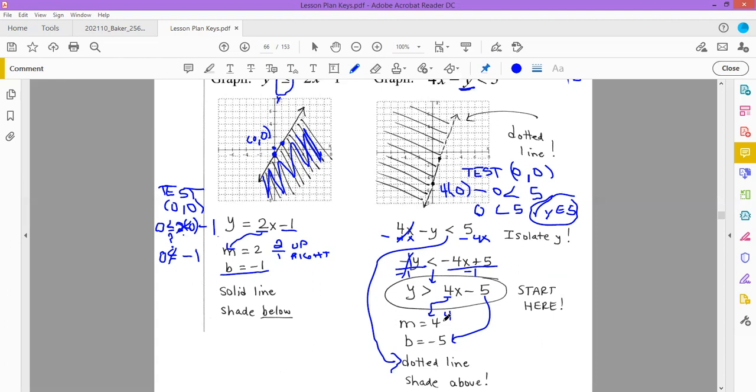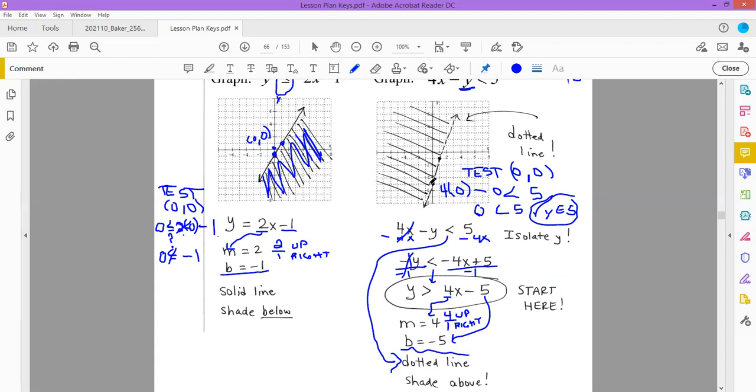Now, writing this slope as a fraction, we have +4 over 1. That means we're going to move up 4. That 4 in the numerator tells us to move up 4. And the 1 in the denominator tells us to move to the right 1 space. However, we start by plotting our y-intercept, which is -5.